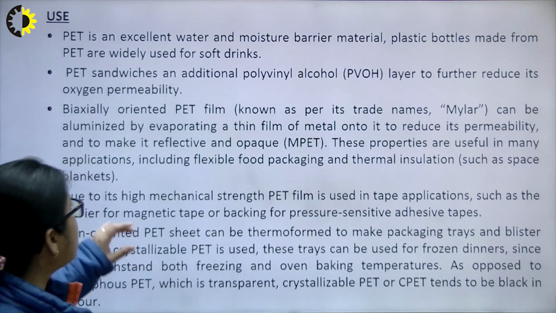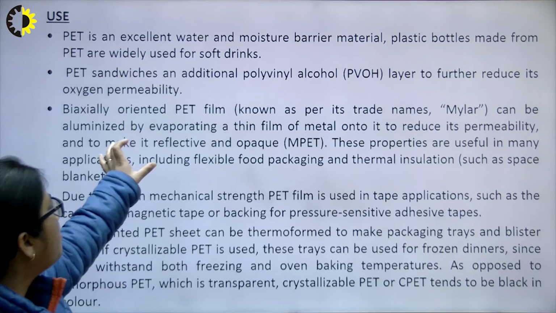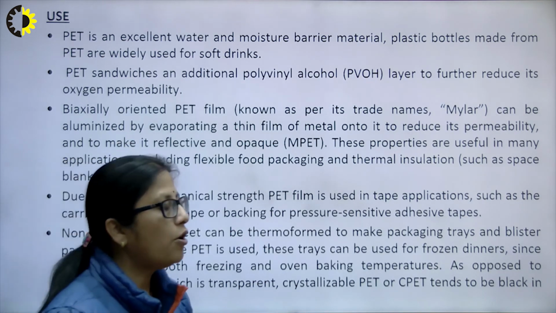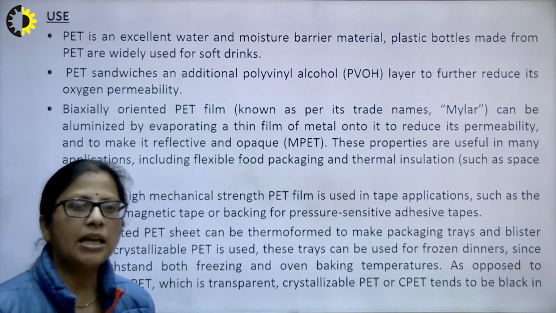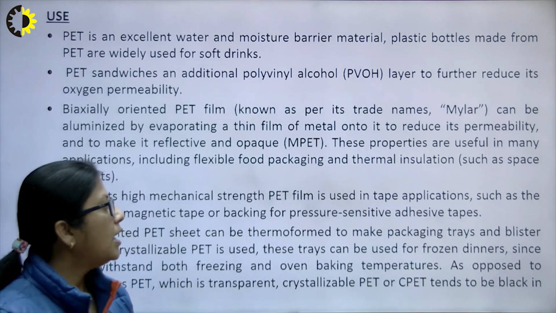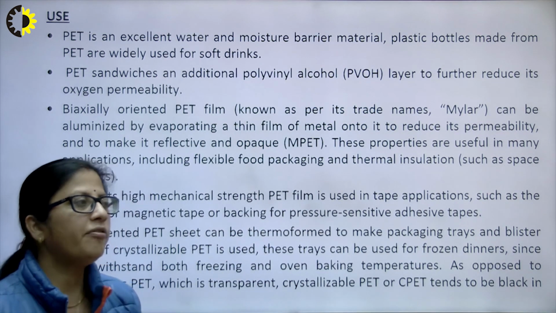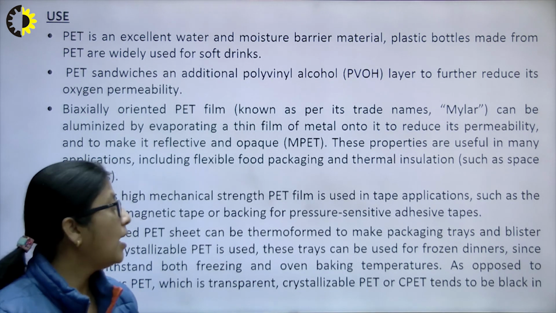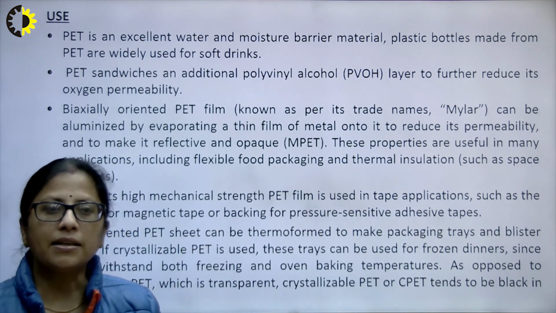And biaxially oriented PET film can be aluminized by evaporating a thin film of metal onto it to reduce its permeability and to make it reflective and opaque. These properties are useful in many applications, including flexible food packaging and thermal insulation, such as space blankets.